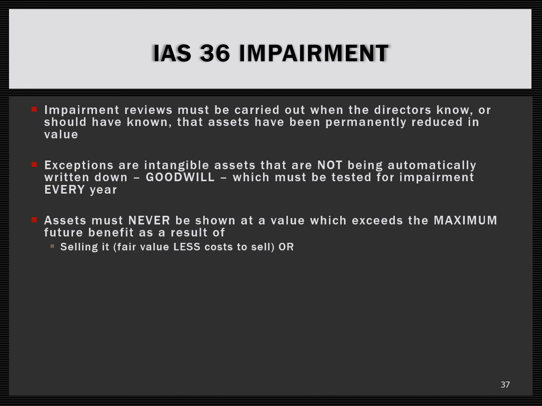The other way we can get a future benefit is to keep the asset and use it to make future profits, and that's the discounted present value of those positive cash flows that the asset's responsible for, at least in part, generating.